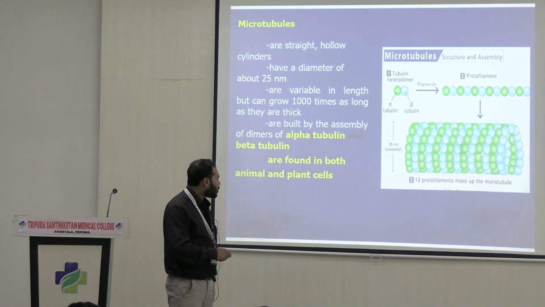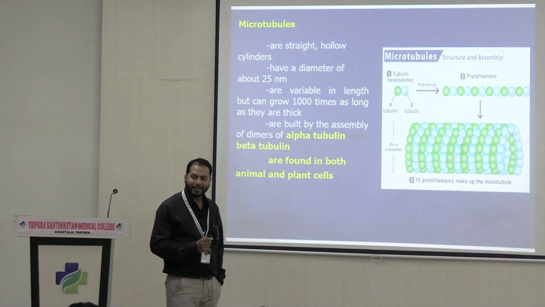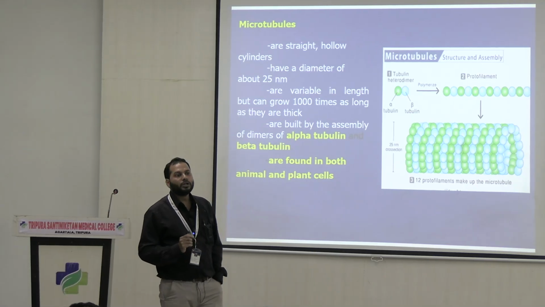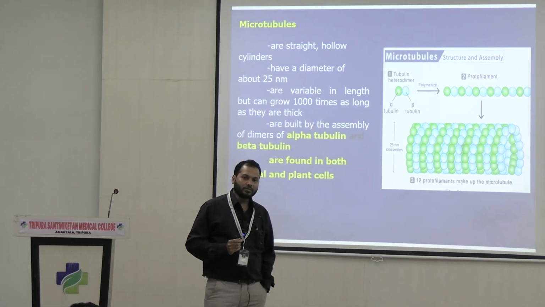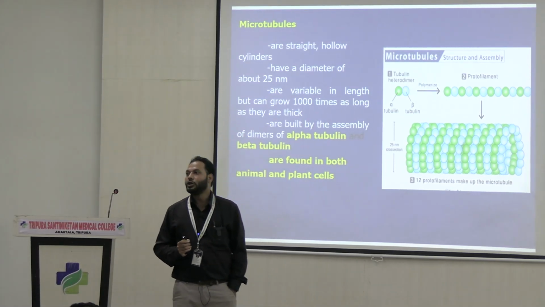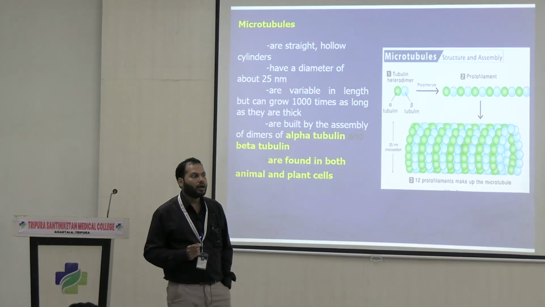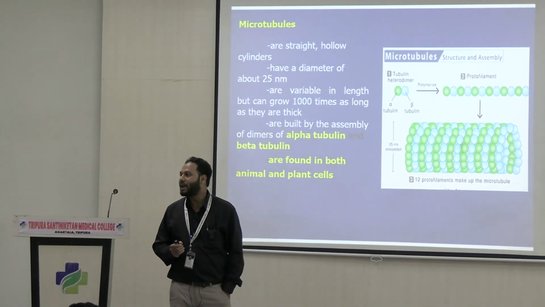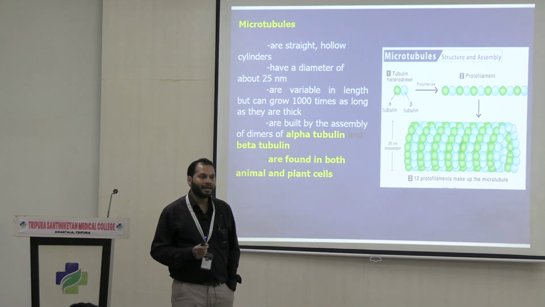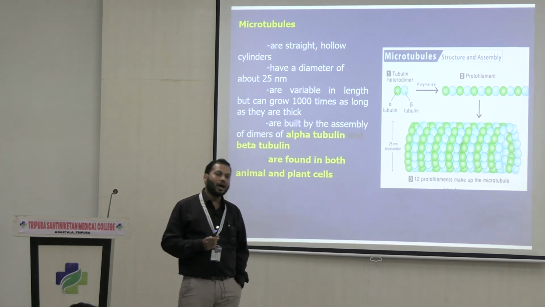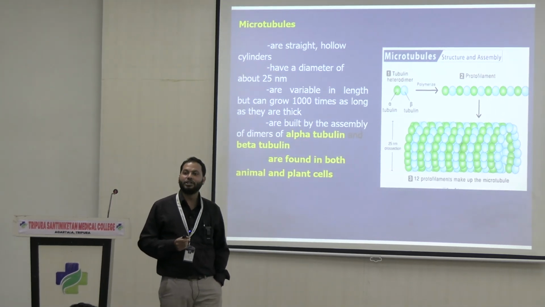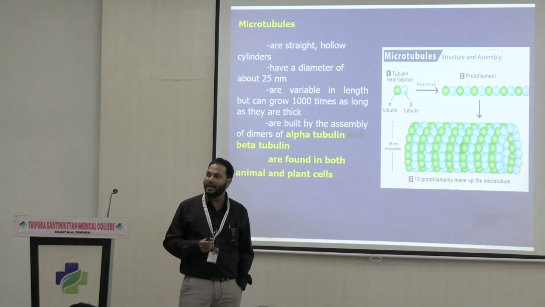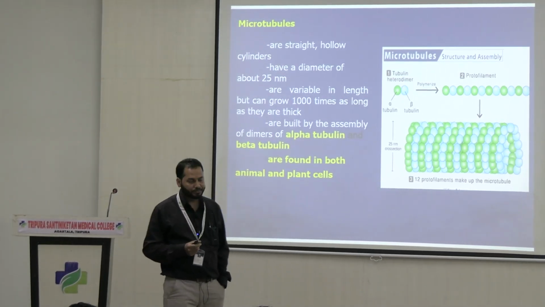Another important feature of the microtubule is that microtubules are polar molecules. It means that due to the polarity, it shows two different ends. One is the plus end, one is the minus end. So what are the features of both the plus end and minus end of the microtubule molecule?